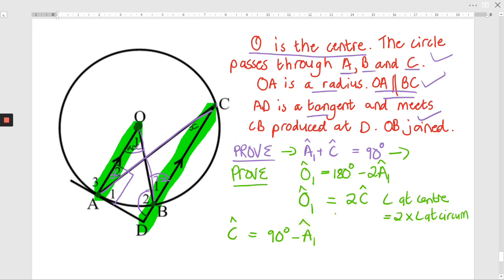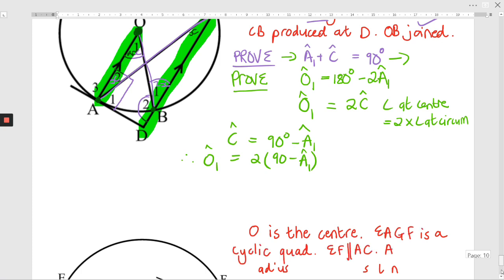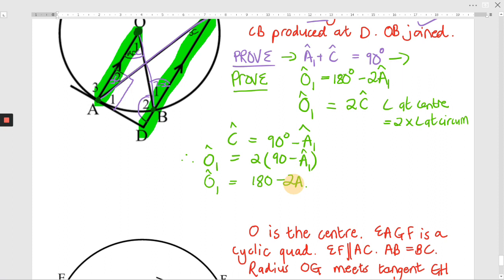But O1 is 2 of these, so therefore O1 equals 2 of my 90 minus A1. What am I supposed to do? I'm supposed to prove that O1 equals 180 minus 2A1. Can you see I'm there already? So I have O1 equals 180 minus 2 of A1, which is what they wanted.